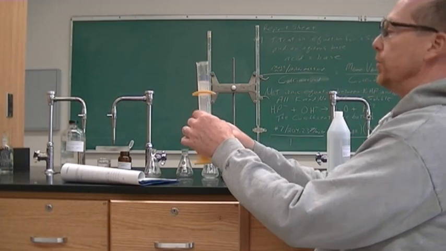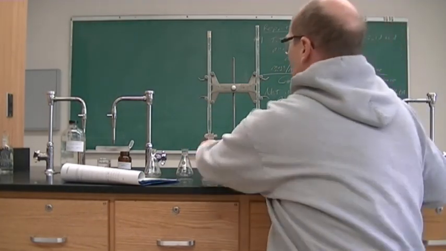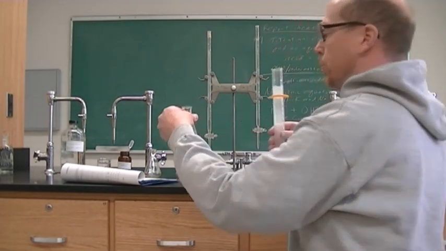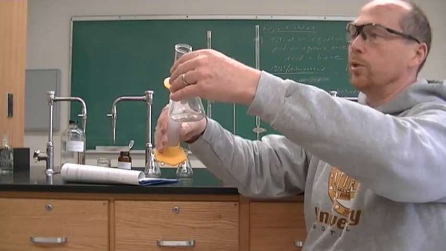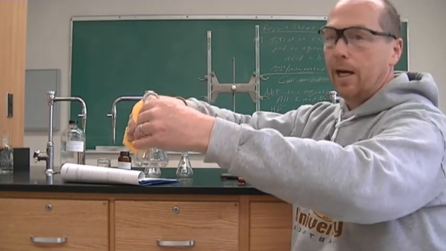I filled up my 100 mil graduated cylinder with deionized water, so I don't have to fill it up multiple times. So 15 mils, I'm starting at 100, I'm going to go down to 85.